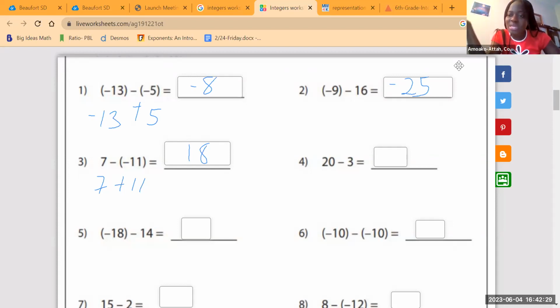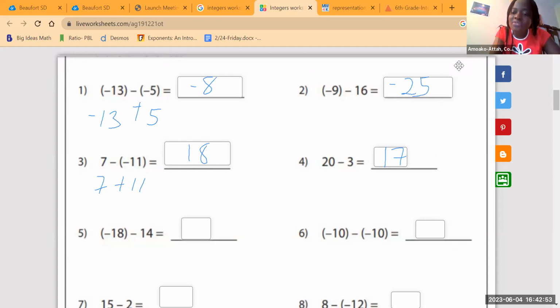20 minus 3 means you're owing $3, but you have $20 on you. So if you pay your $3 out of the $20 that mommy gave to you, it means you'll be left with $17, which is your money. That is not a debt. It is your money, so it is a plus. That is 17.